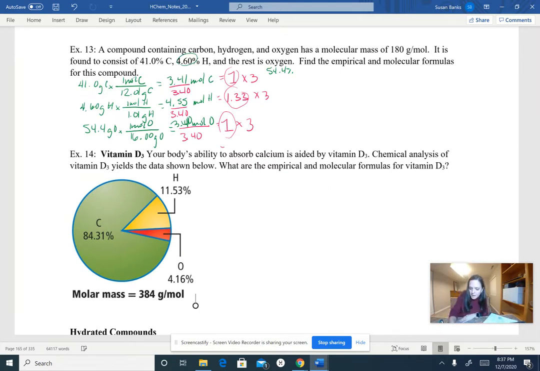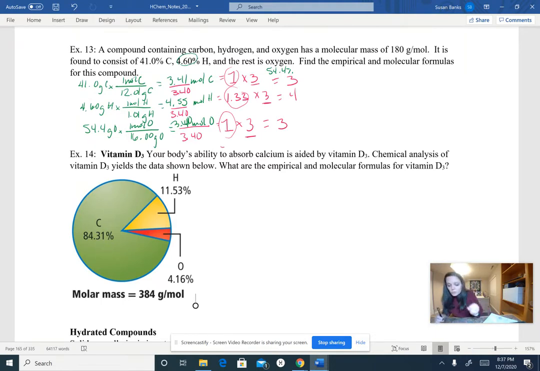So I'm going to multiply everything by 3 because a third times 3 is 1, right? If I multiply 1 times 3, I get 3. If I multiply 1.33 by 3, I get 4. And if I multiply 1 by 3, I get 3.